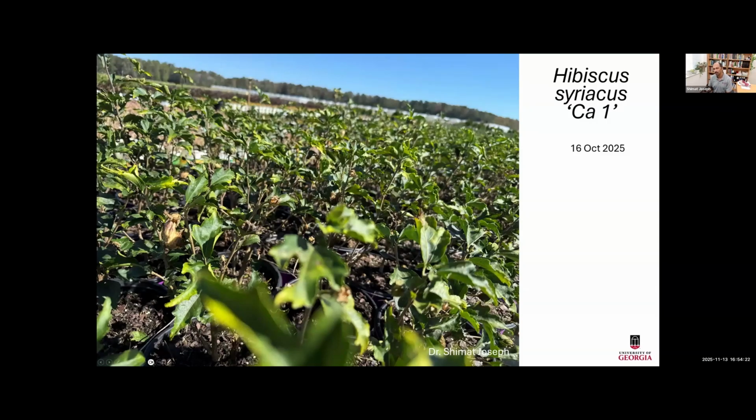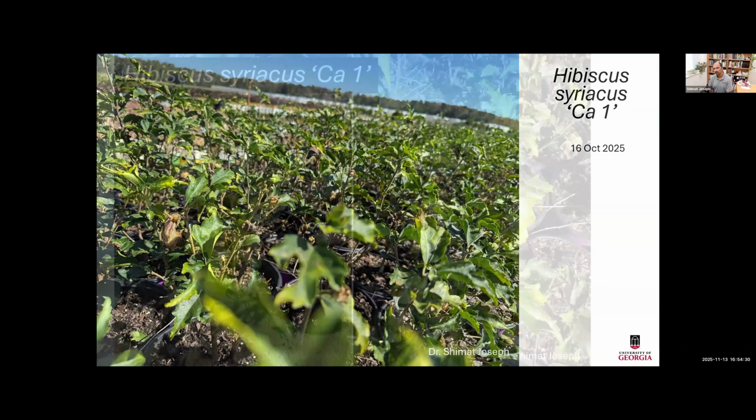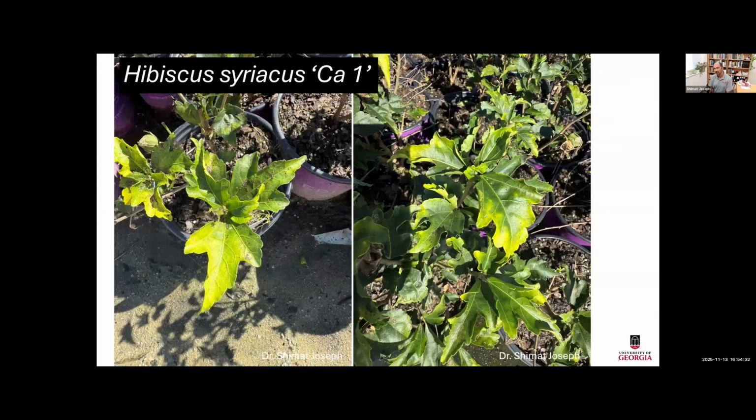We didn't see any necrosis or burned appearance in this particular species of hibiscus. This is the same variety. As I mentioned, the yellowing starts like that and goes all the way down, and the leaf drops. Here in this picture, you can see how it progresses and continues.